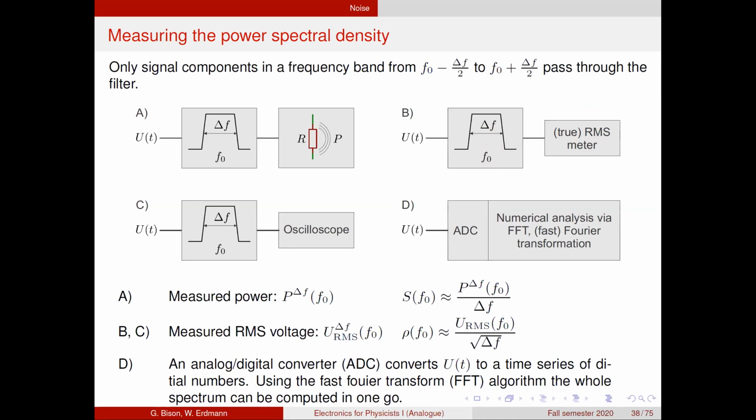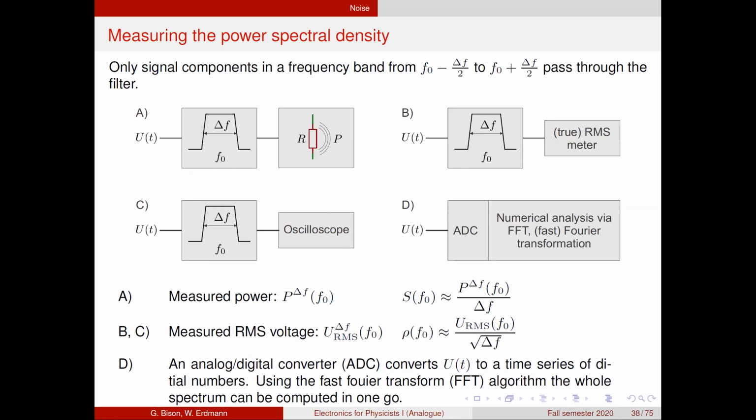The same can be done with an oscilloscope, of course. Modern oscilloscopes have a built-in function to measure the RMS of whatever is on the screen. Like that, you can also determine the noise voltage of a signal. And again, you can use filters to do this in a spectrally dependent way.